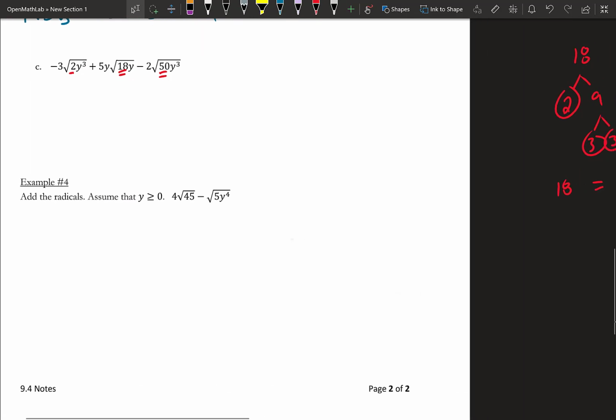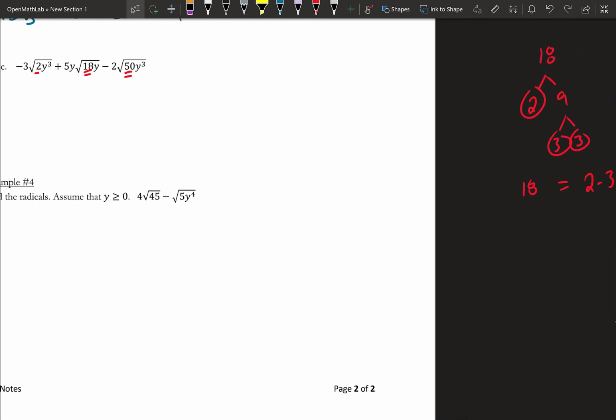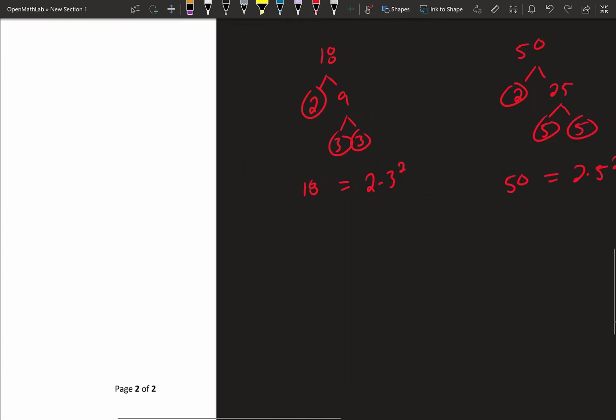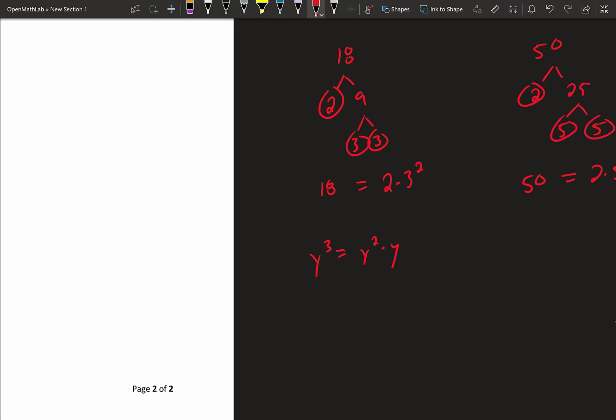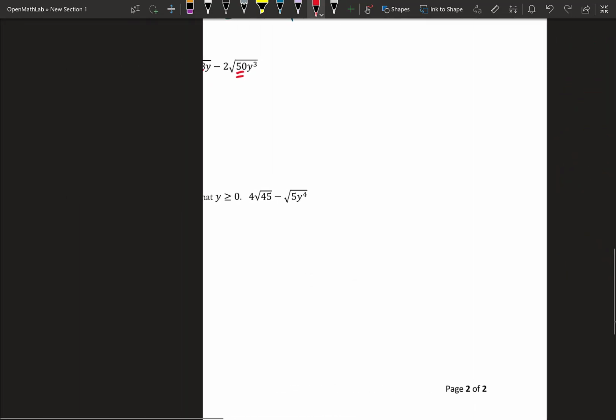And then some other things to note is, remember, we don't want the exponent to be bigger than the index, right? The index is 2. So when I have this y cubed, I want to rewrite it as y squared times y, right? Because y squared is the biggest multiple of 2 that's less than 3, right?